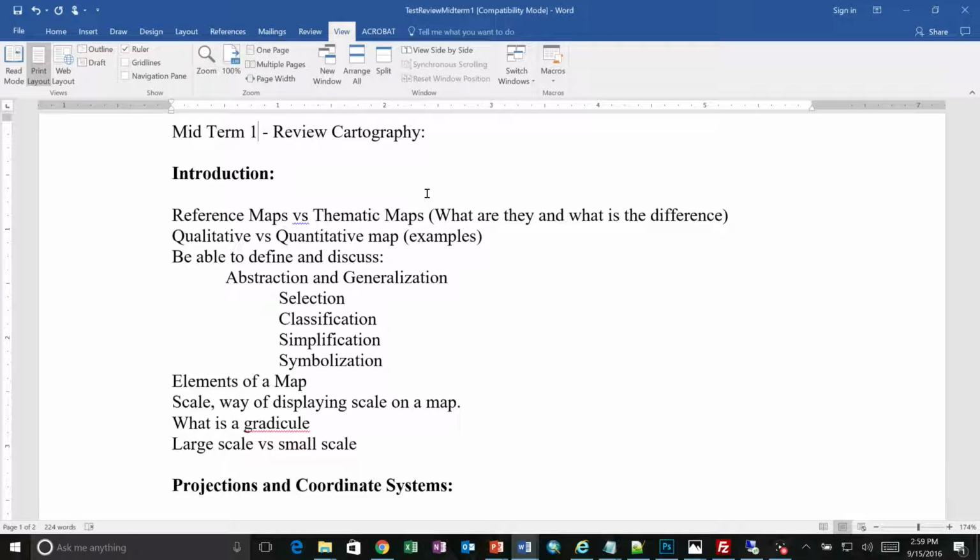There's some sort of orientation mark. Sometimes it's a north arrow. Yes, the compass rose would be that. What's the line that goes around the edge of the data? What's that called? Neat line. Yep. It's called a neat line. That's one of the ones that's lower in priority, but you still need to know what that's called.